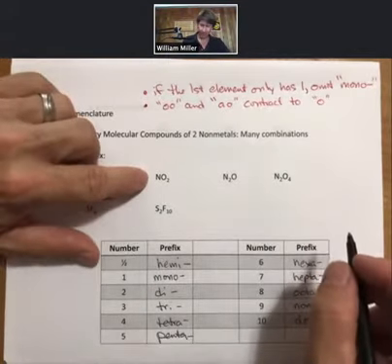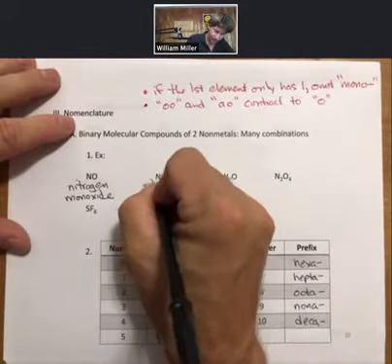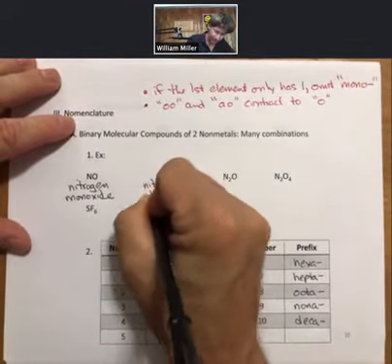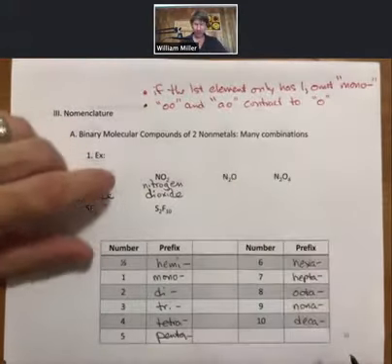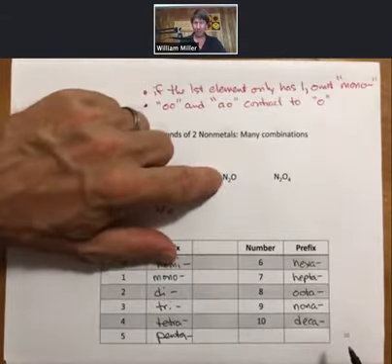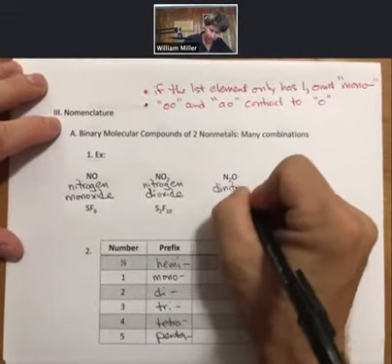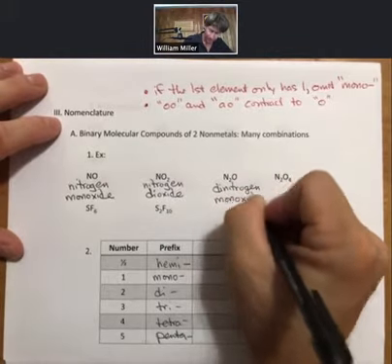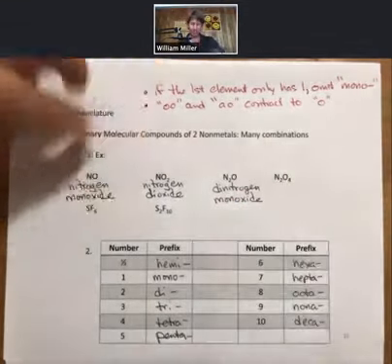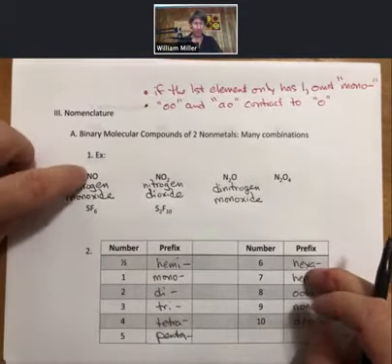Then here, this would be nitrogen dioxide. Dinitrogen monoxide. And so you can see that if you know these prefixes, you can recognize that they're binary.